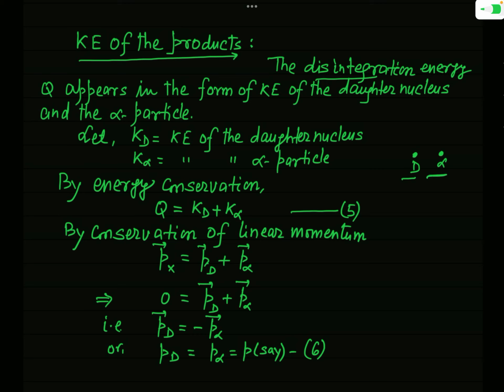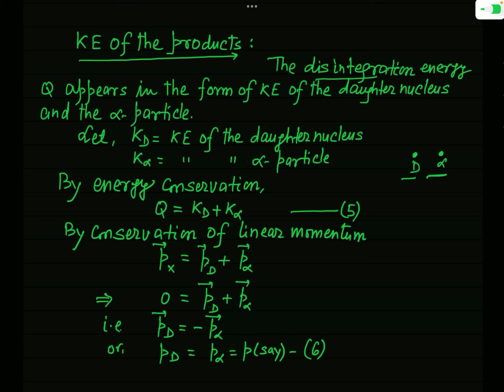In fact, this calculation can be done by simply applying the principle of conservation of momentum and the principle of conservation of energy. In any nuclear process, several conservation principles are valid, and we solve the problem of nuclear decay by applying these different conservation principles.